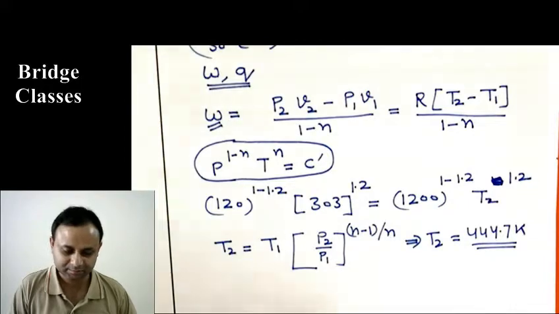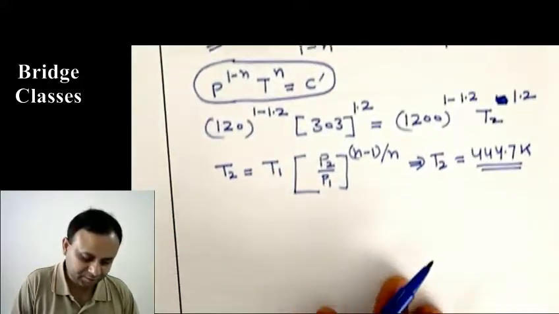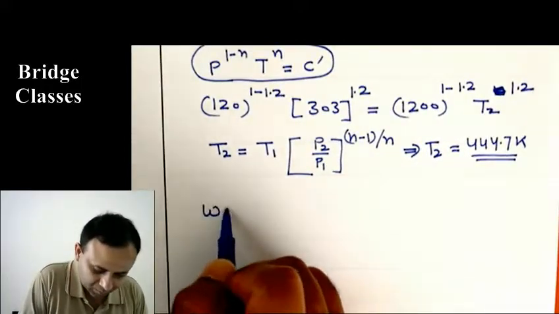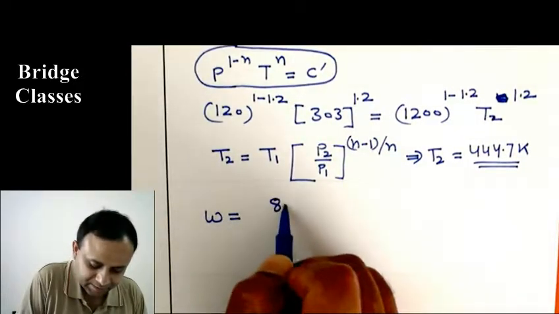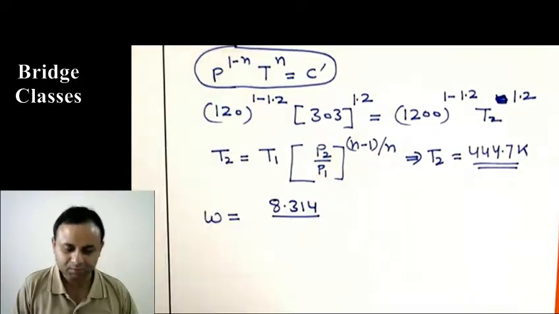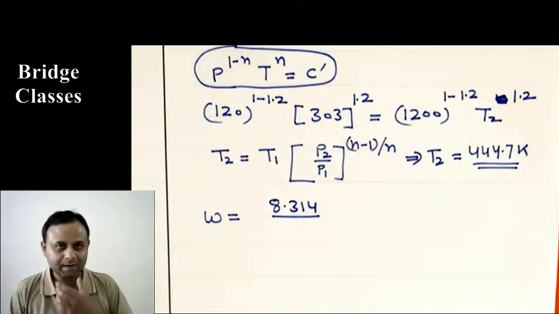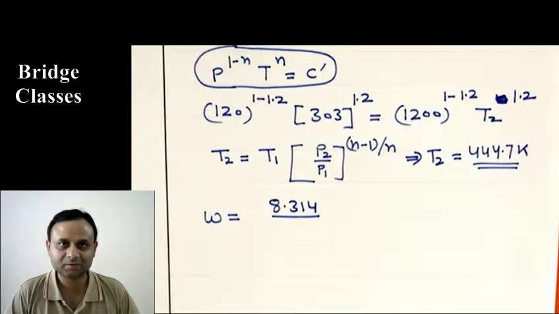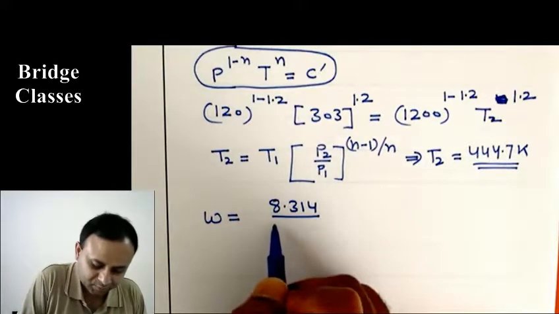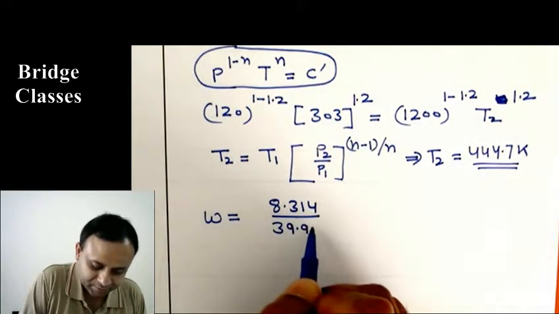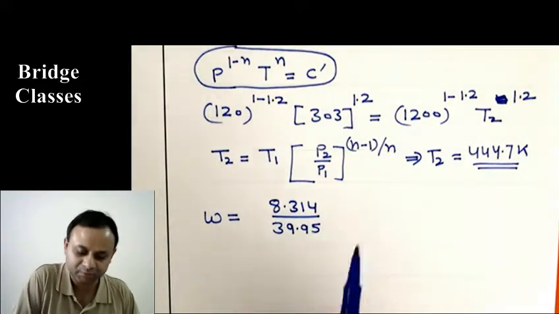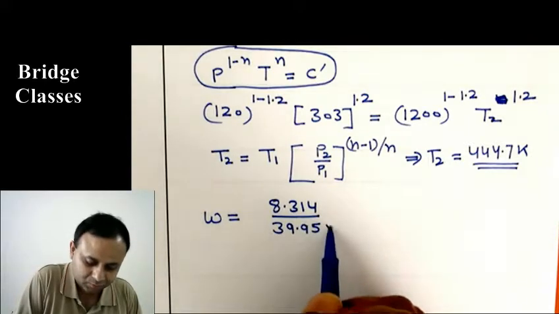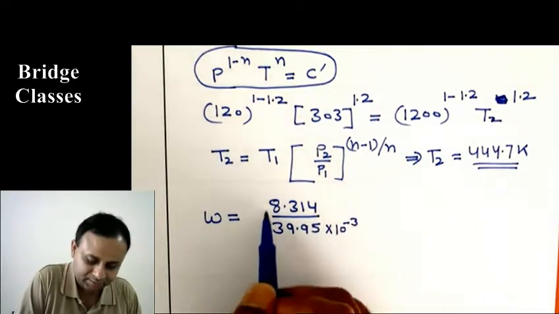Okay, we got temperature. Now we can plug numbers in this equation. So work will be R. Now R for argon will be universal gas constant 8.314 over molecular weight of argon. Argon is around 40, to be precise 39.95. But this is gram per mole, so to convert to kilogram, times 10 to negative 3.